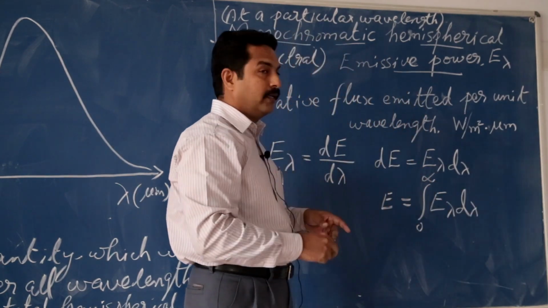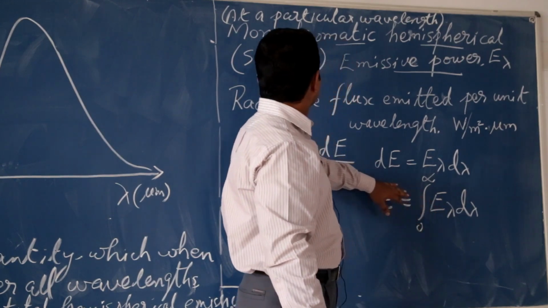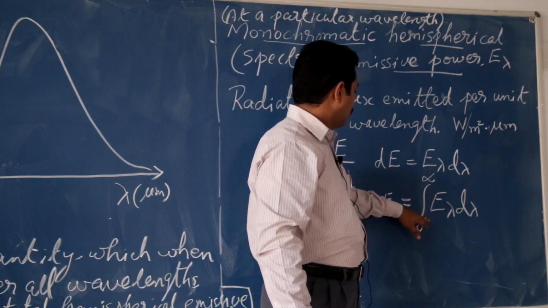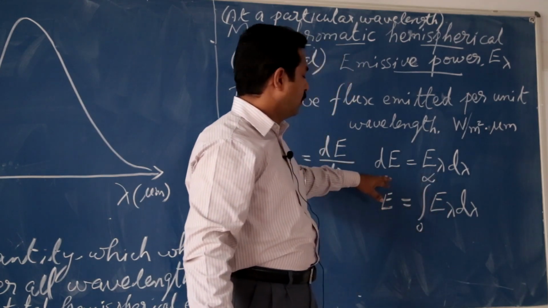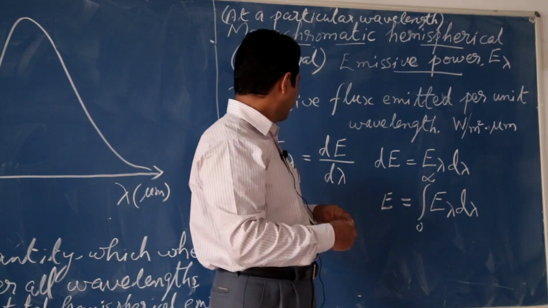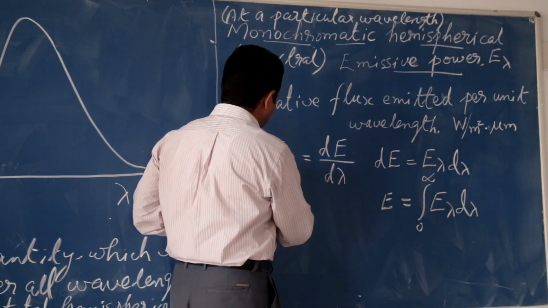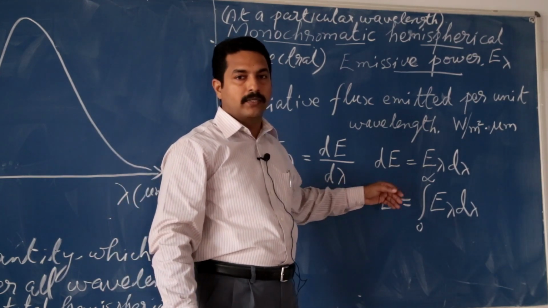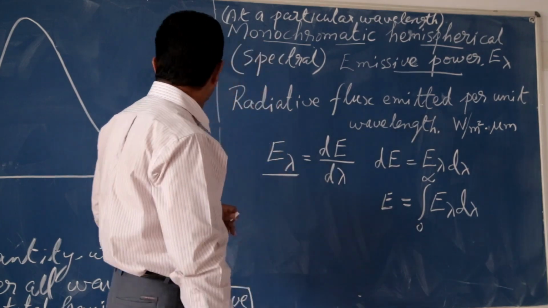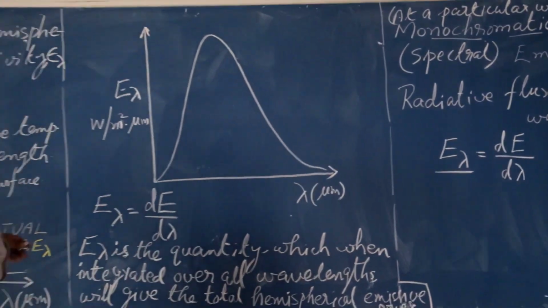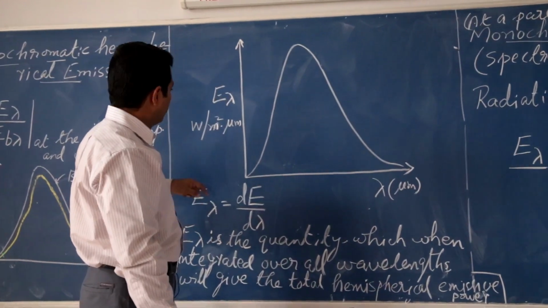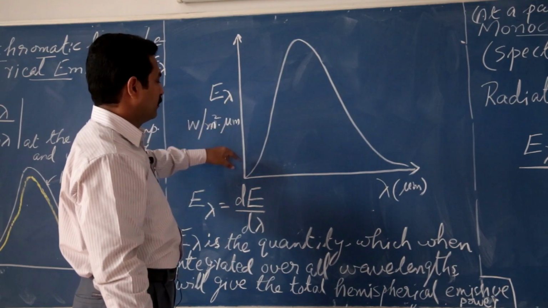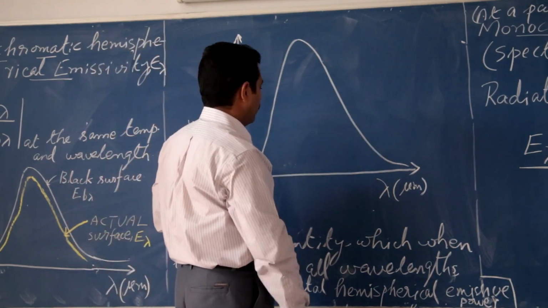So when E lambda, the spectral hemispherical emissive power, is integrated over all the wavelengths, we will get the total hemispherical emissive power. Now we have this term E lambda. I can explain this idea in another way. If I take this graph, this is E lambda, the spectral hemispherical emissive power, and this is the wavelength.